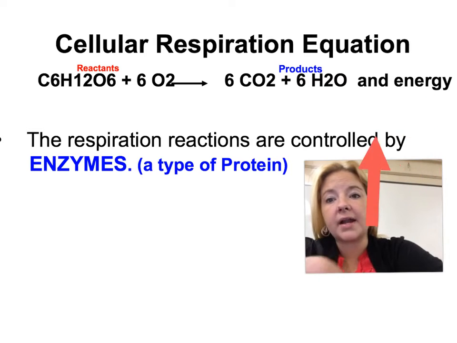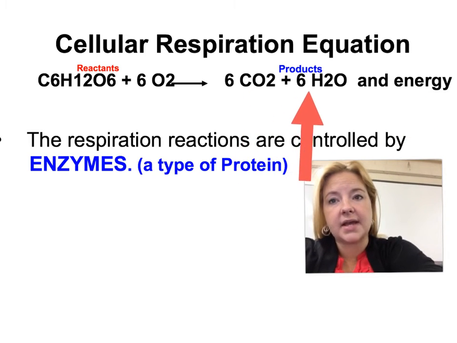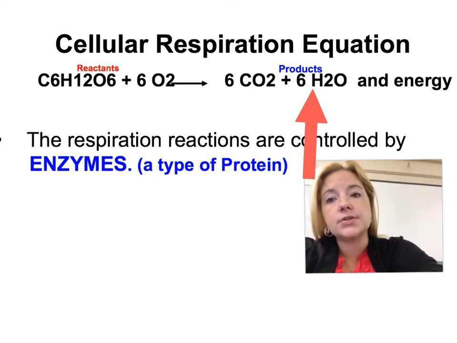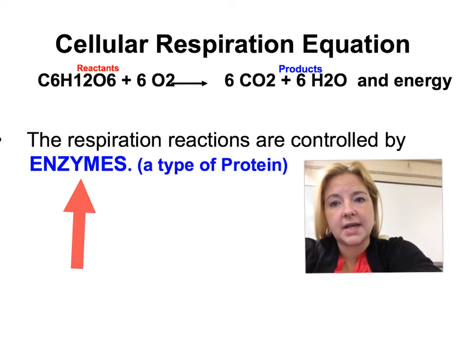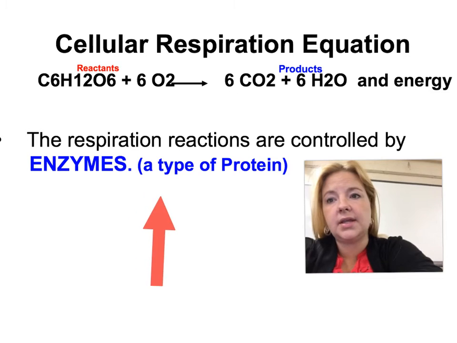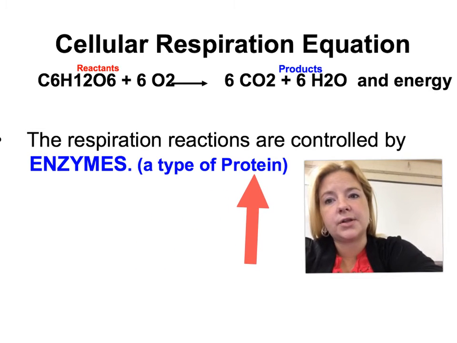And the adenosine triphosphate, this product right here, is the product that your body needs. The other 2 products of the process, carbon dioxide and water, are being given off as waste products. Now, your body will keep some of the water in order to do other chemical processes, but it is a waste product. Most of cellular respiration is controlled by enzymes, which we covered last unit, and we talked about enzymes as one of those macromolecules that are proteins.